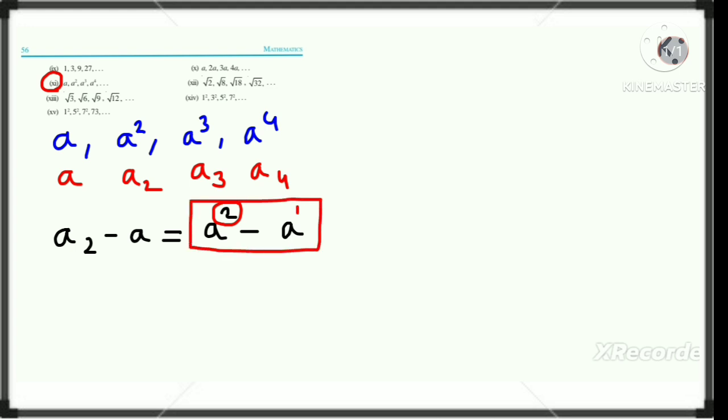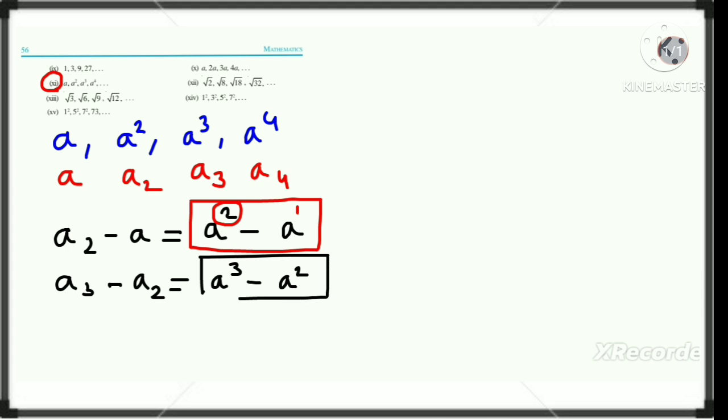Now difference between a3 and a2. a3 equals A cube minus a2 equals A square. It also can't be subtracted.